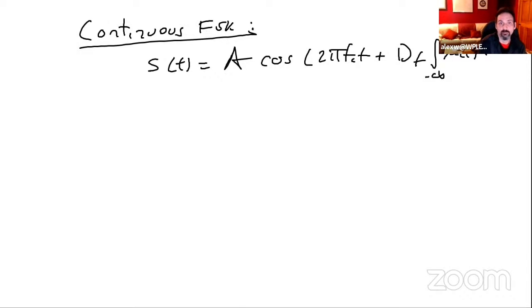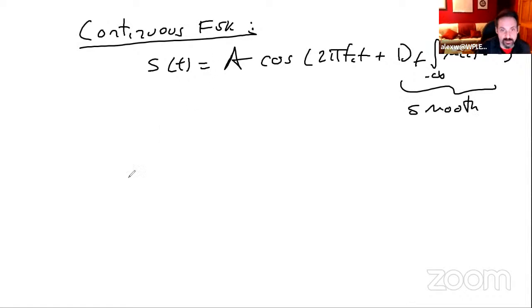Again, very careful because t is here, so d tau. So this enabled a much smoother transition between F1 and F2.